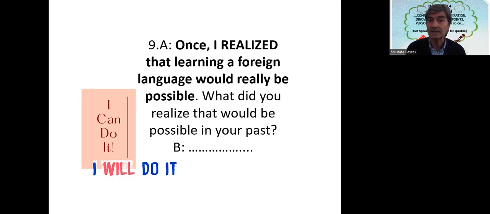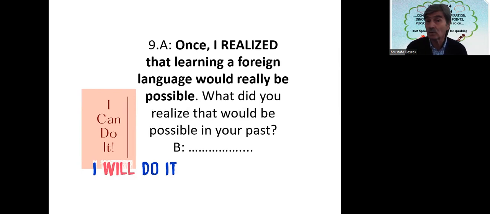What did you realize that would be possible in your life? Especially when I was a child, I realized that I would ride a bicycle. But at the beginning, I thought I couldn't ride.